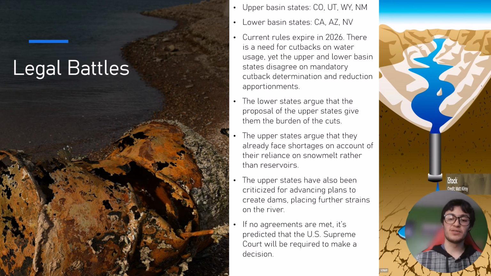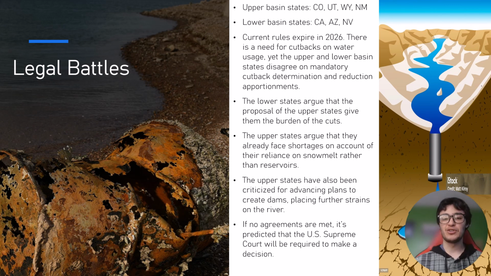Now, earlier I was going to mention that we have legal battles. Because the states, the upper and the lower basin, are of course separated, they have different interests at times. And so what you have happening is there are these legal battles. Right now, the current rules, because they have to meet every once in a while to discuss new rules, they expire in 2026. Now, if the upper and lower basin states don't reach an agreement, then the Supreme Court of the United States has to come in and make an agreement for them.